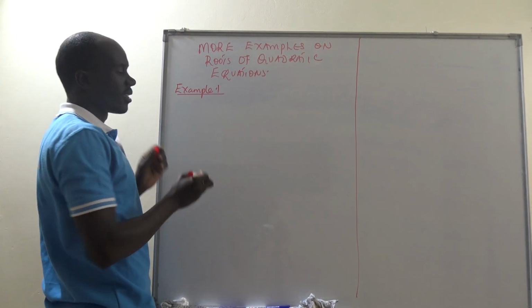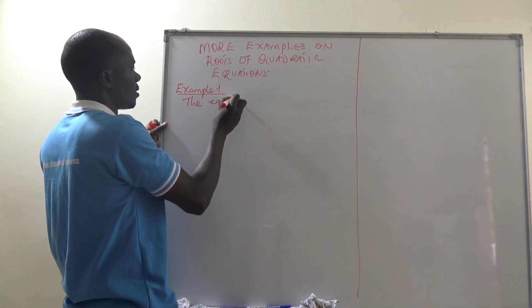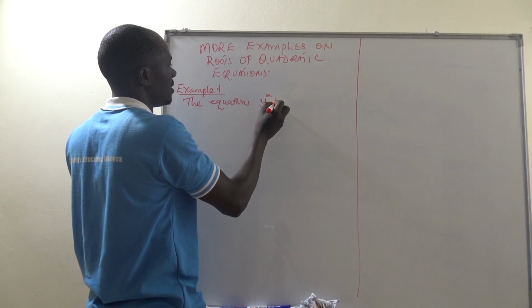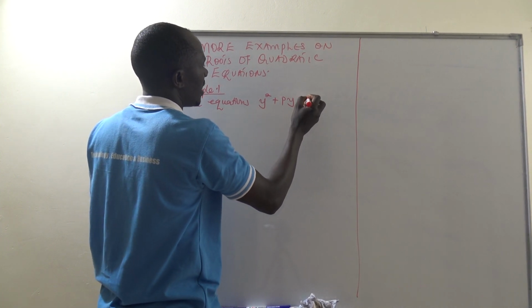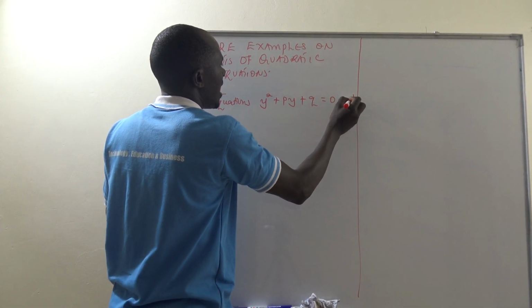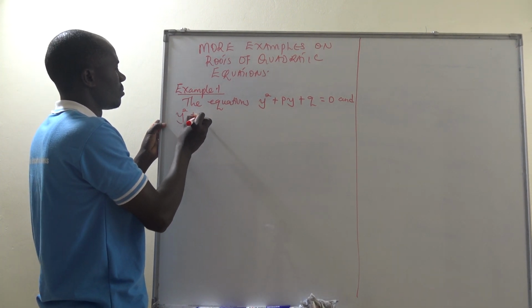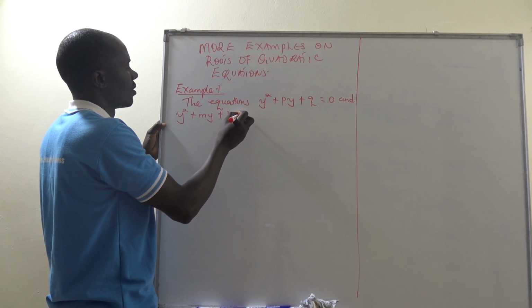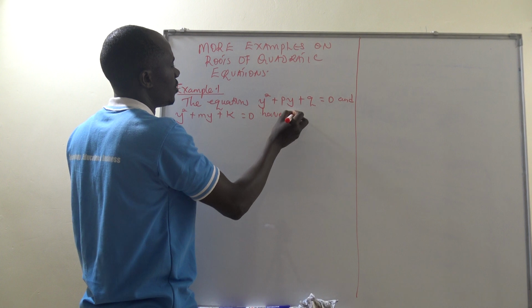It goes, the equations y squared plus py plus q equals 0 and y squared plus my plus k equals 0 have a common root.